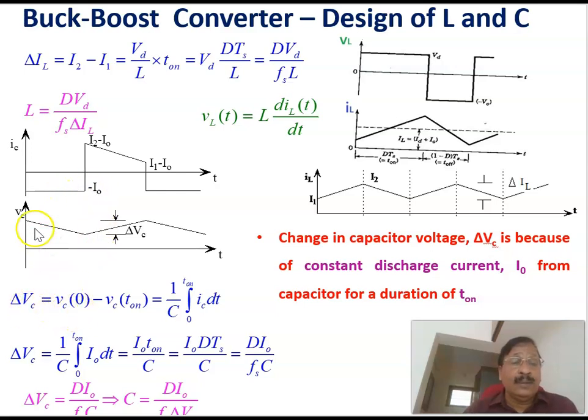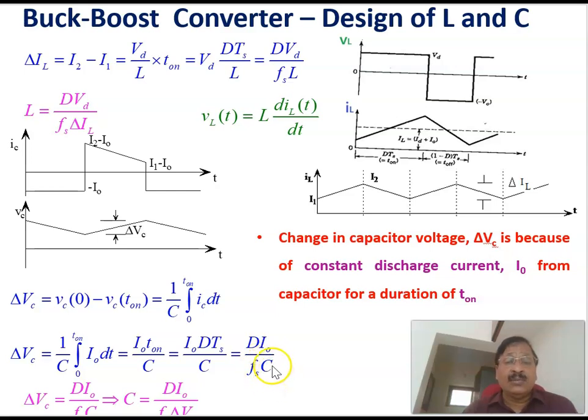Therefore, delta Vc, the change in capacitor voltage, is equal to 1 by C integral 0 to T on of IC dt, where IC is I0. So delta Vc equals 1 by C integral 0 to T on I0 dt, which is I0 into T on divided by C, or I0 into D Ts divided by C. With Fs equal to 1 by Ts, delta Vc equals D I0 divided by Fs into C. D is the duty cycle, I0 is the load current, Fs is the switching frequency, and C is the capacitance.